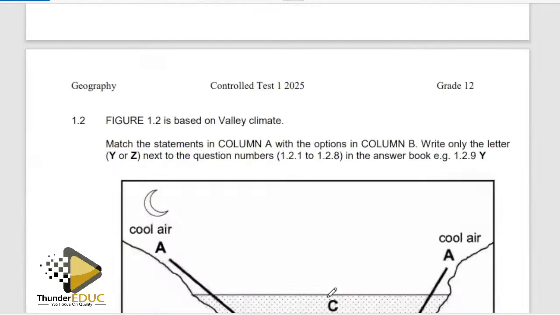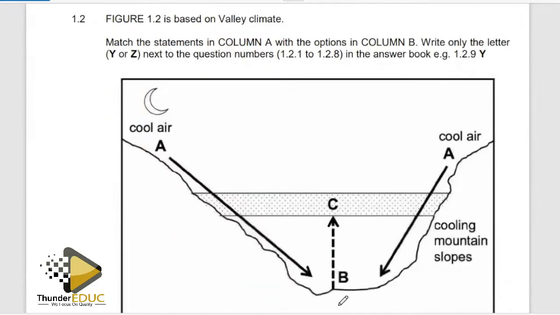Right, we go on to question number 1.2. We are going to do an analysis of the illustration before we answer the question. We're going to do a short analysis of the question. As we are seeing here, this is a valley climate situation. With valley climates, we are looking at the climatic conditions that happen in low-lying areas, in valley areas.